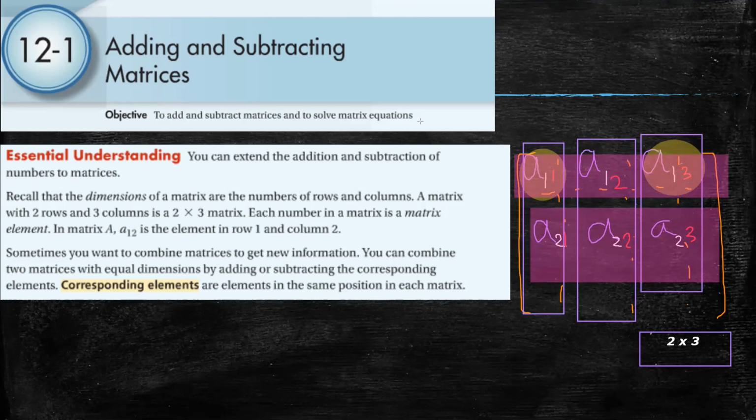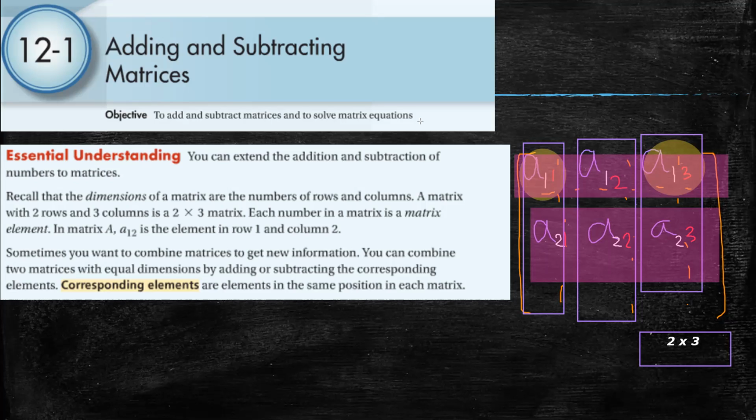Each element has a name. I have to say that this element is in row 1, column 3, as an example. And each matrix also has a dimension. To represent this dimension, I have to say number of rows times columns. Be careful, rows times columns.